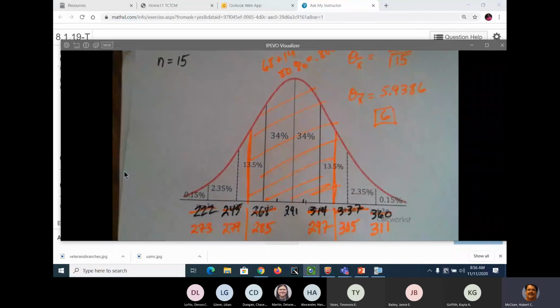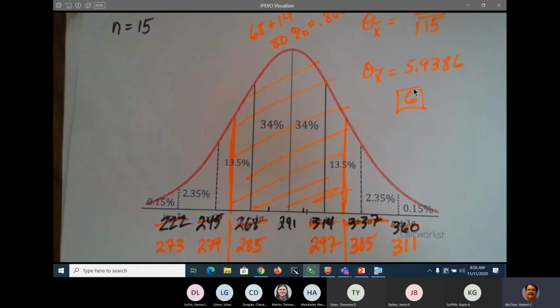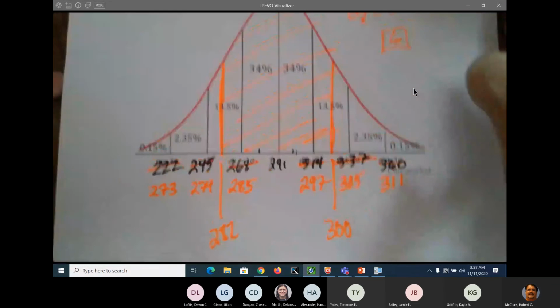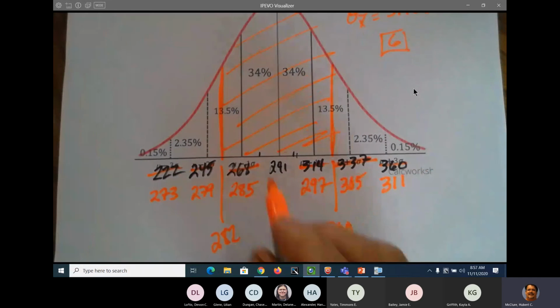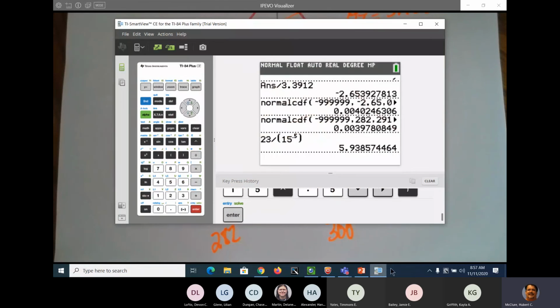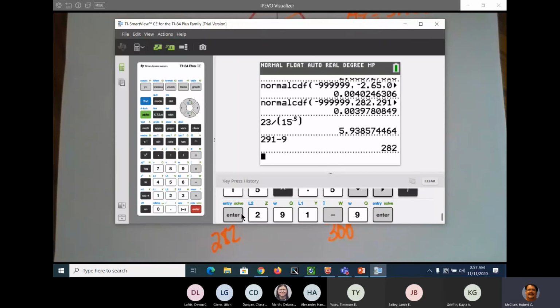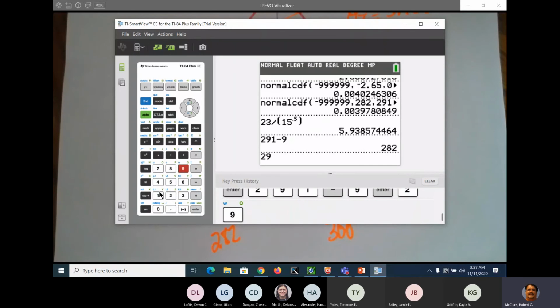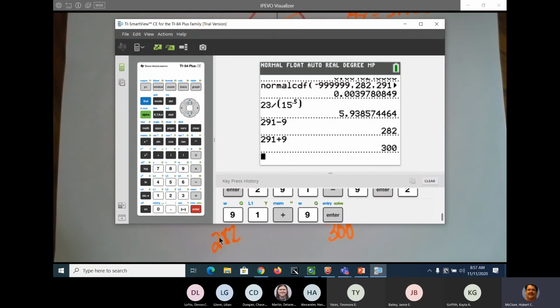So you got to use your new standard deviation. So 282 to 300. Now I'm going to use the new calculator because we're running out of time.